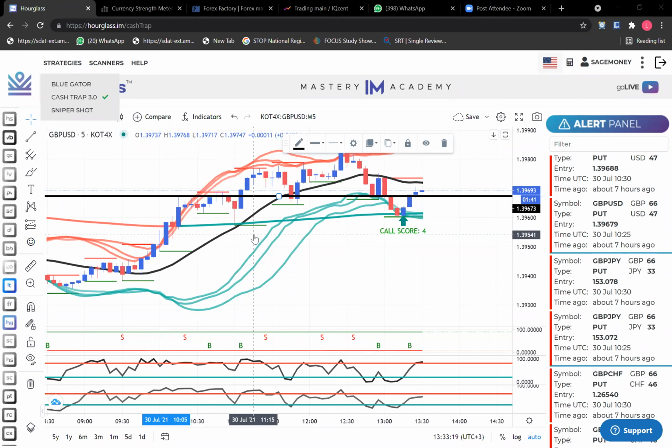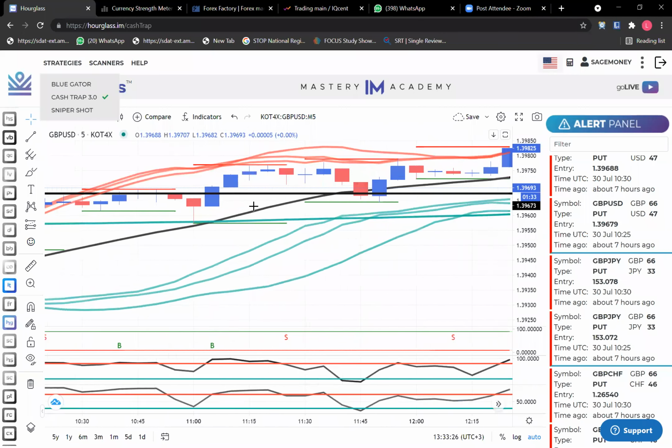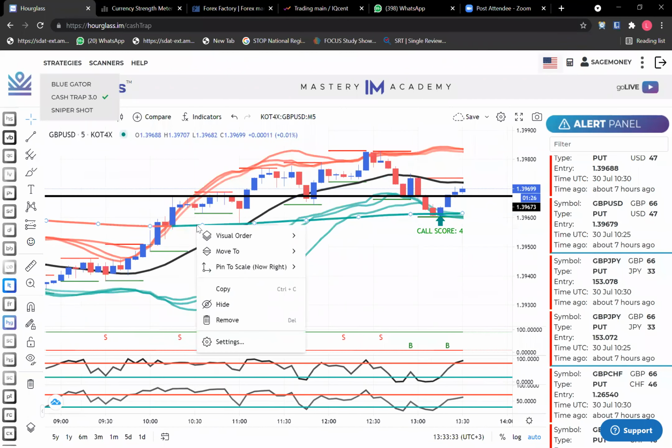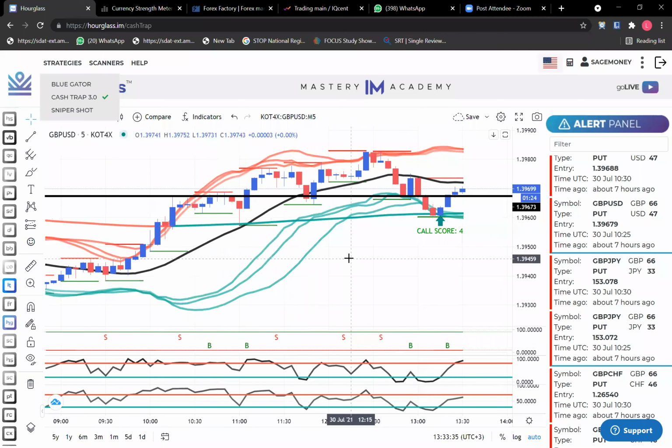But first of all, I've told you, this is your EMA line. This long thick one is your EMA line. If it is below your candles, you are looking for buys.